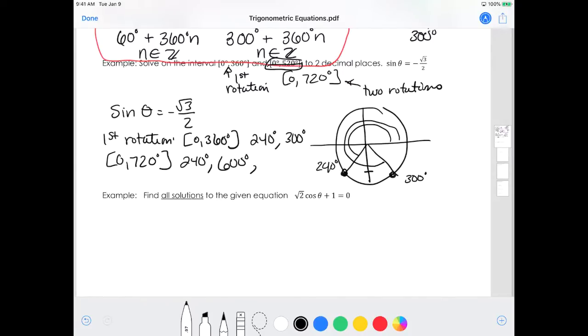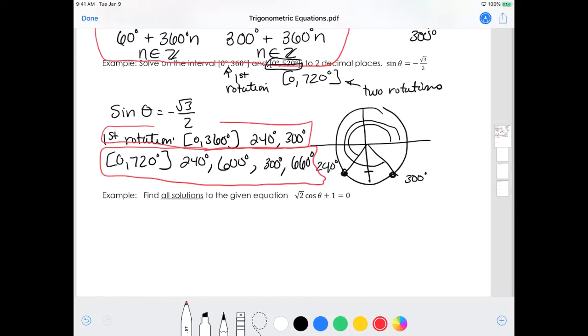Our coterminal angles associated with 300 on 0 to 720: I would have 300 degrees, and then if I take 300 and add 360, I'm going to get 660 degrees. So all my solutions on the first two rotations would be 240, 600, 300, and 660. All my solutions on the first rotation would just be 240 and 300.